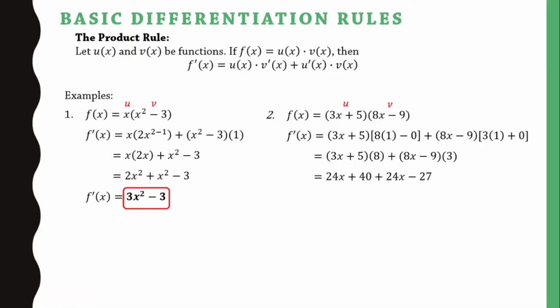Okay, so we have 24x plus 40 plus 24x minus 27. So we combine terms. 24x plus 24x will give you 48x. 40 minus 27 is 13. So the derivative of the given function is 48x plus 13.